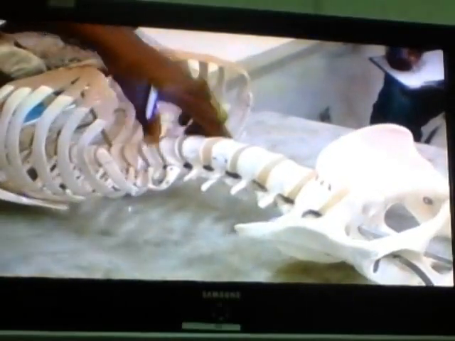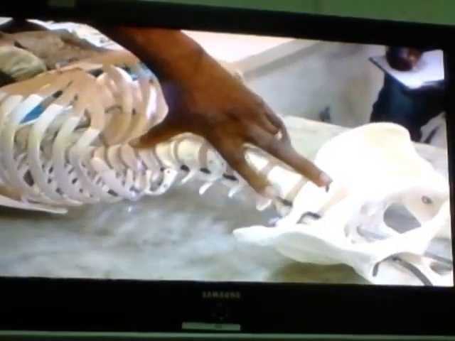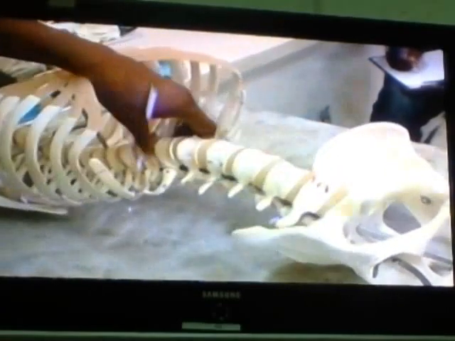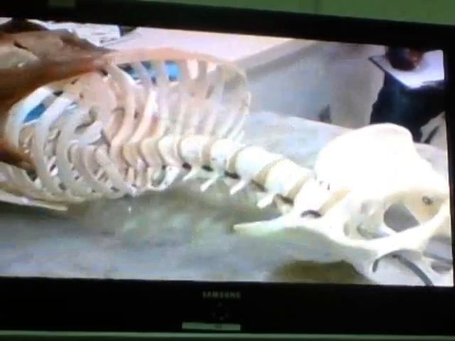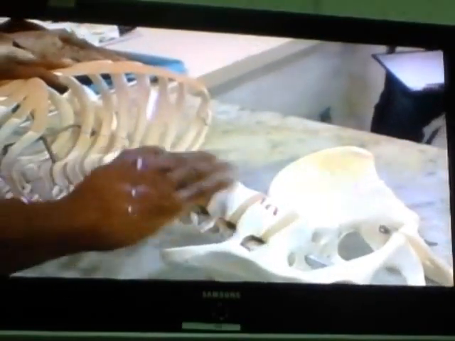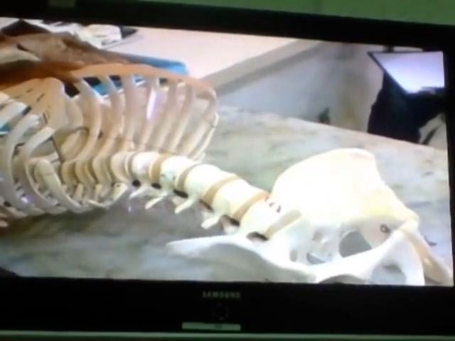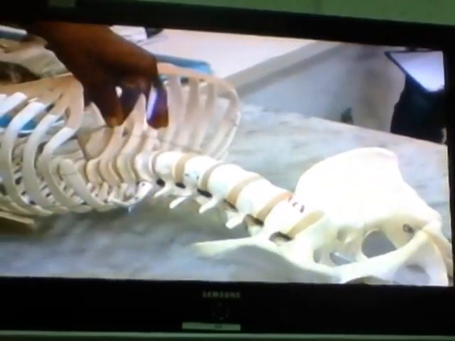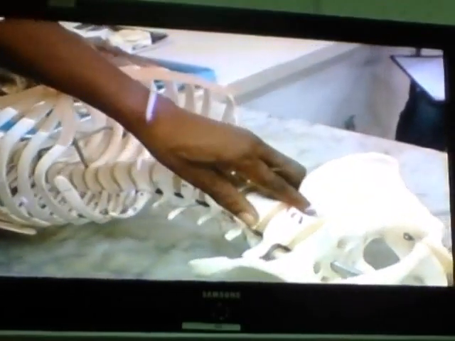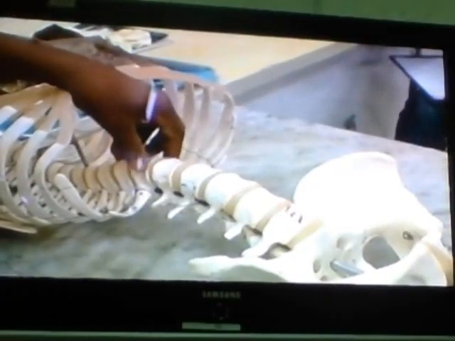And so the posterior wall is going to have the lumbar vertebra forming a big part of it. And if you look at the lumbar vertebra, you notice that there is a kind of forward projection. And that forward projection is called lordosis. So refer to it as a lordotic curve.